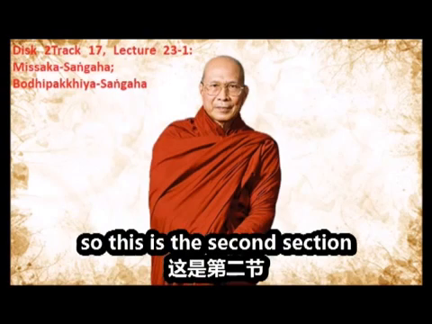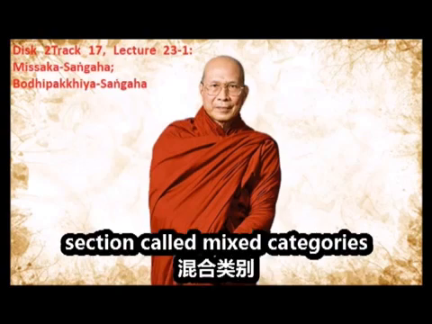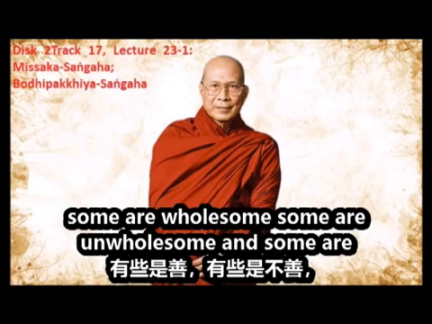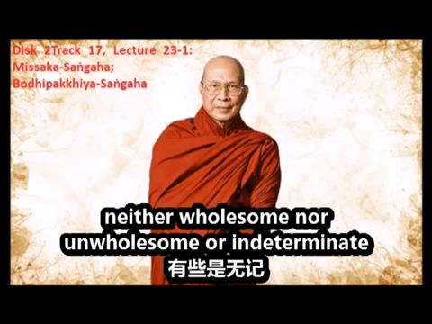So this is the second section called mixed categories. They are called mixed categories because some are wholesome, some are unwholesome, and some are neither wholesome nor unwholesome, or indeterminate.